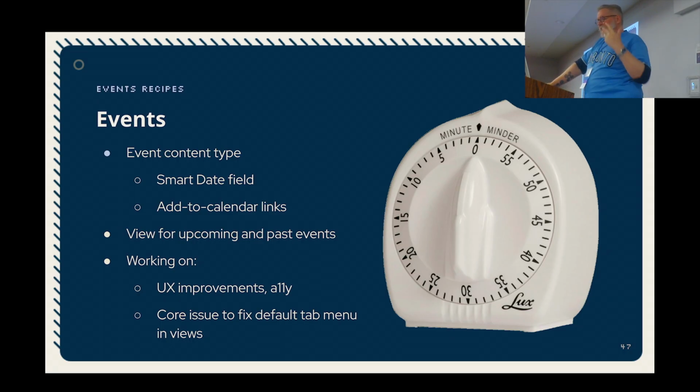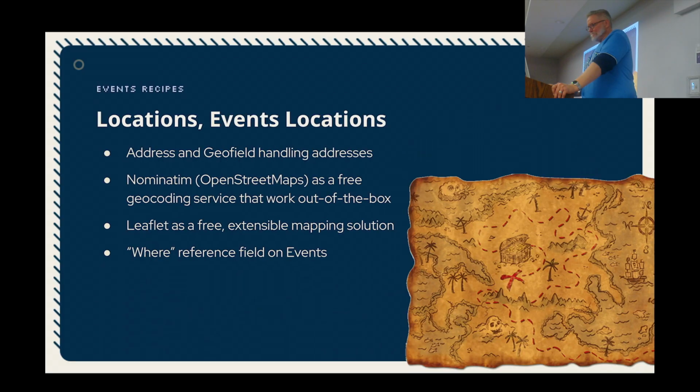In terms of ongoing work, there's probably going to be continued UX refinements, as well as an issue where accessibility improvements are being discussed. And there is also a core issue to fix a quirk of views around using a default tab menu item. The link is actually on the project page for that events recipe. So if you're using that, I would encourage you to apply that patch to your site.